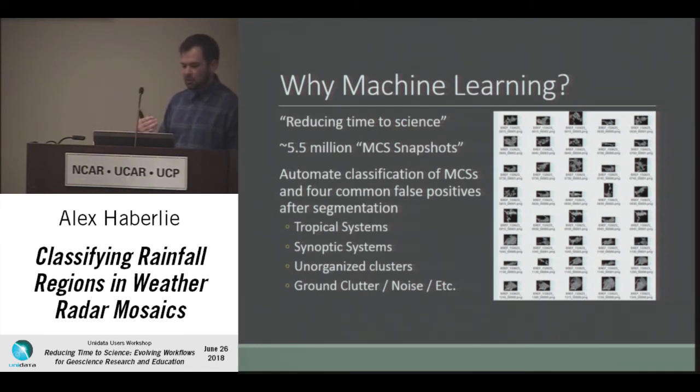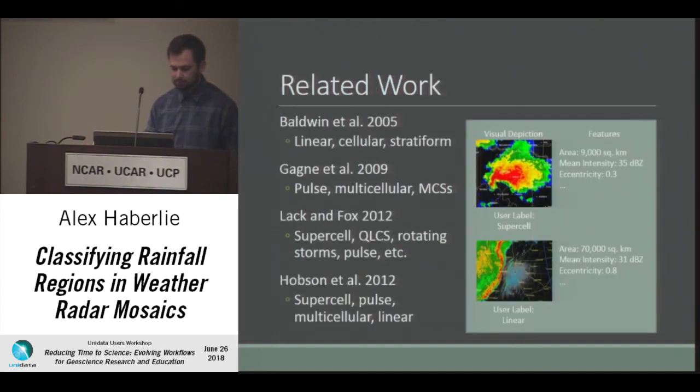So hopefully, and I'll show, you can use machine learning to actually differentiate between mesoscale convective systems and very common false positives. I have four classes of false positives: tropical systems, synoptic systems, unorganized clusters, and also ground clutter, which surprisingly can also be tripped by the segmentation procedure.